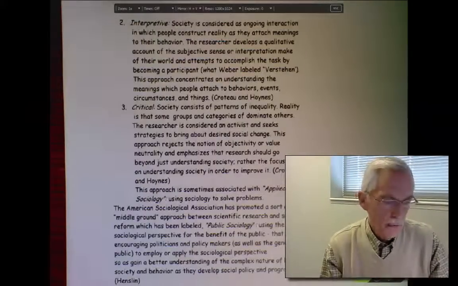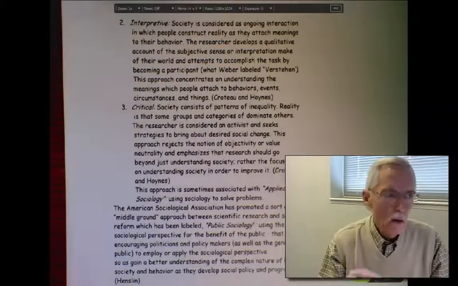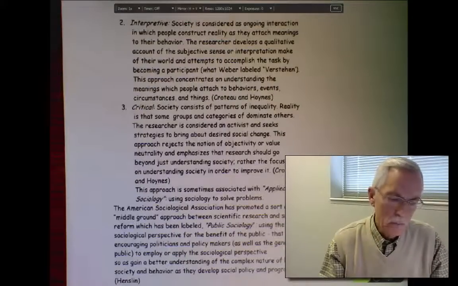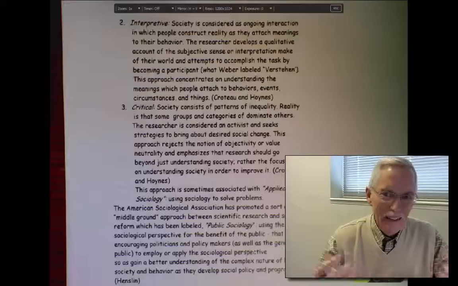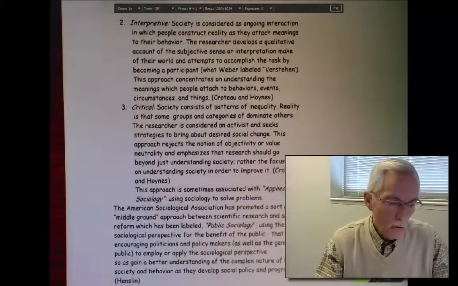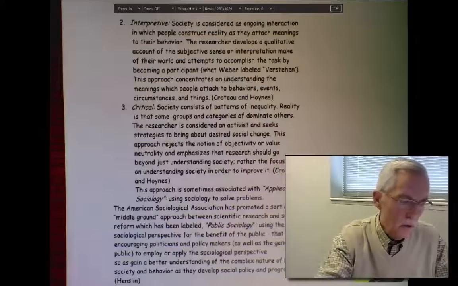Some researchers may emphasize one over the other 2, yet many researchers are going to base their topic, their issue, their question on employing in some form or fashion 2 or perhaps all 3 of these approaches.